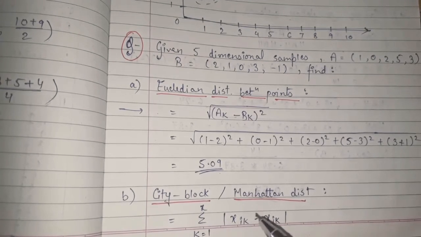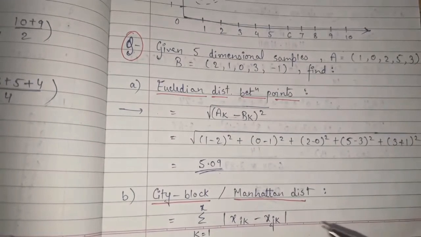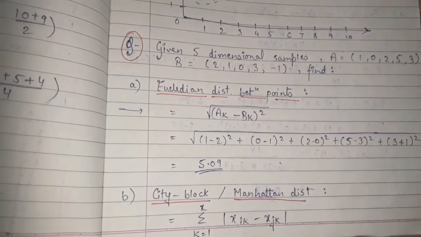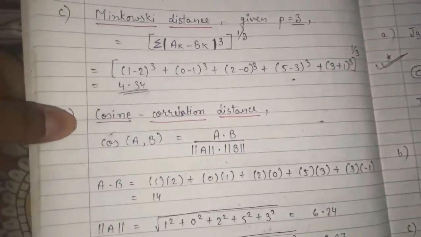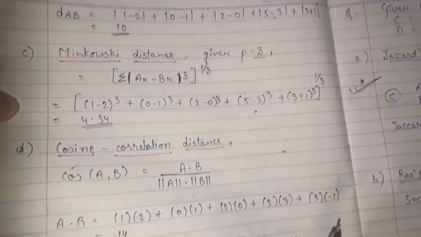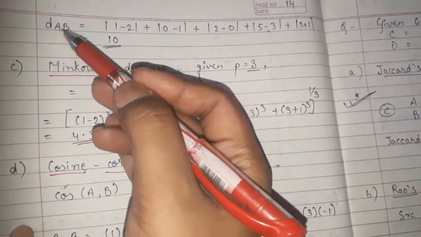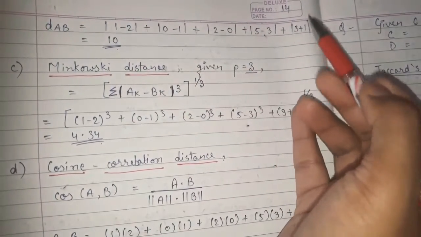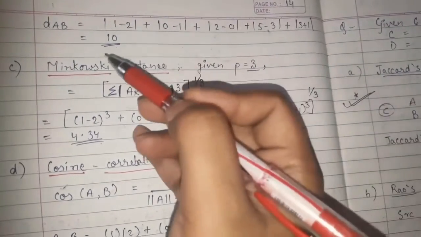We need to find the difference of all the respective points, add them up, and each difference will be a modulo difference. Simply we replace those things with our example. So Manhattan distance AB is the difference of all the points inside the modulo, summed up. So we will get 10.